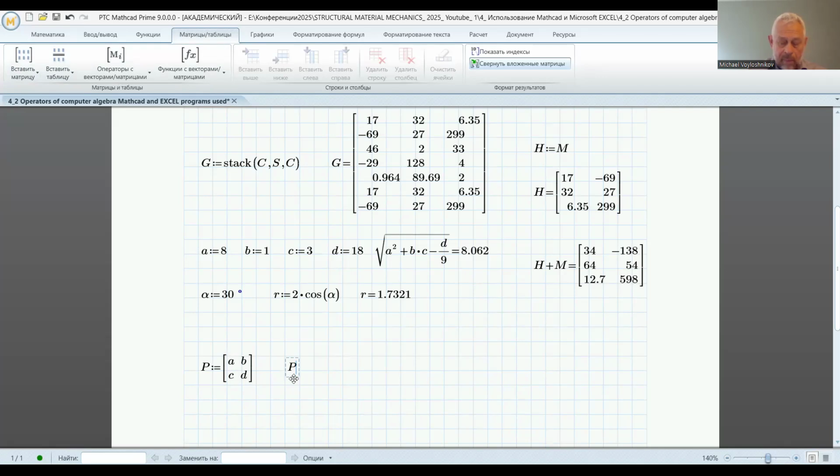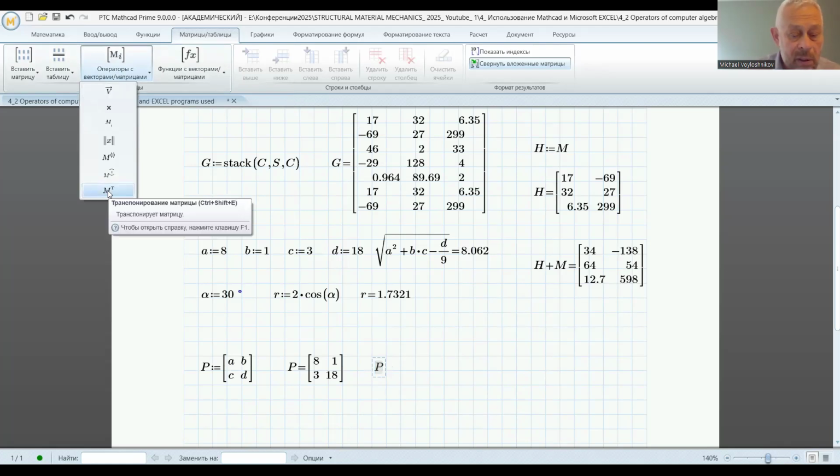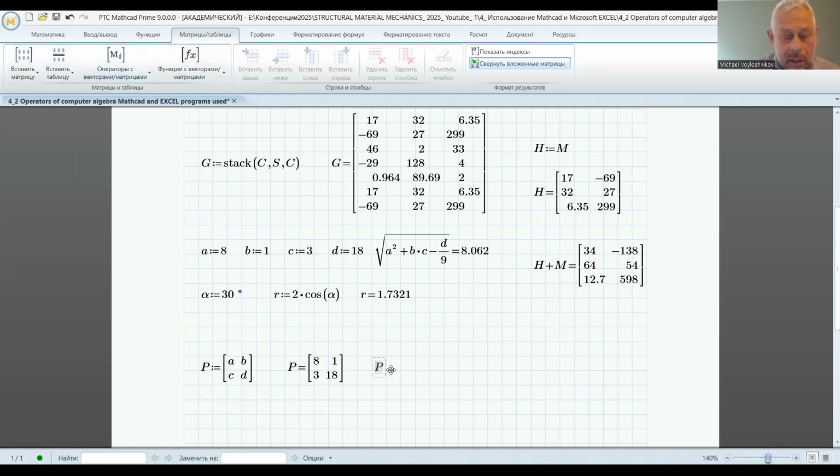P equals, yes, and these elements are within the matrix. So what else can we do? For example, we can find the transposed matrix by dialing P and indicating transposition, one of the operations with matrices.